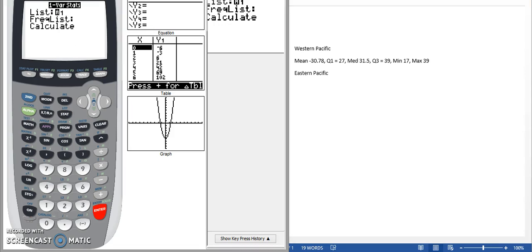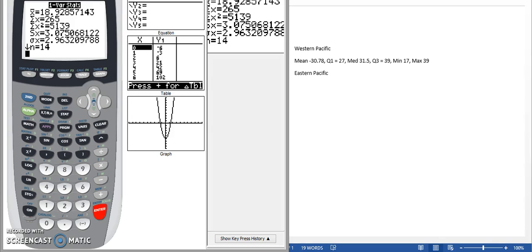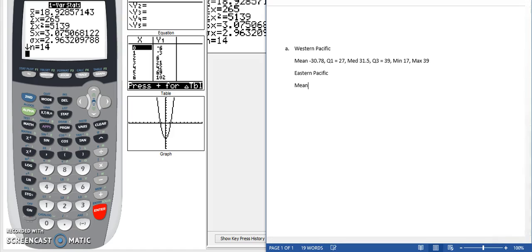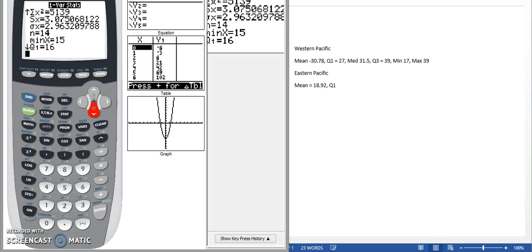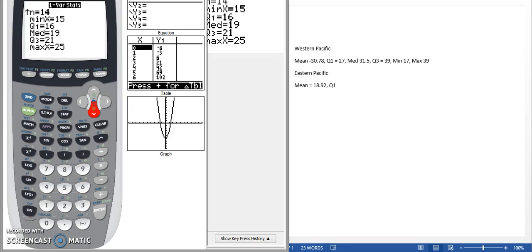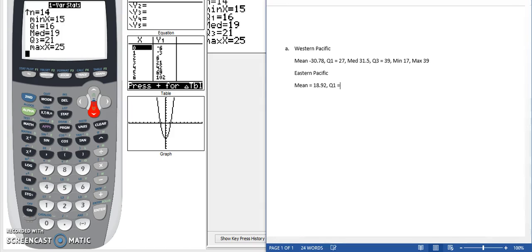Calc, variable stats, let's do this time Eastern Pacific. The mean is equal to 18.92. Quartile 1 is equal to 16.